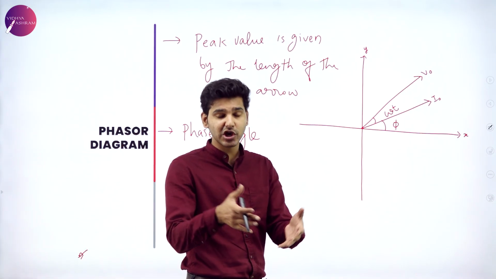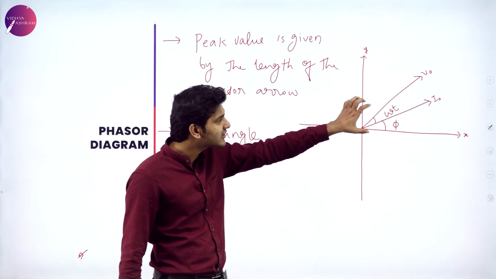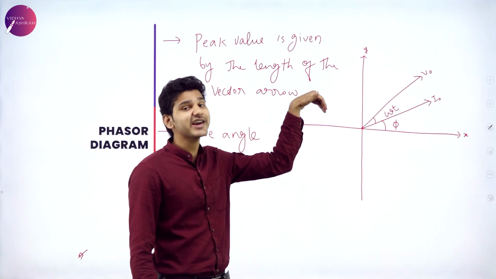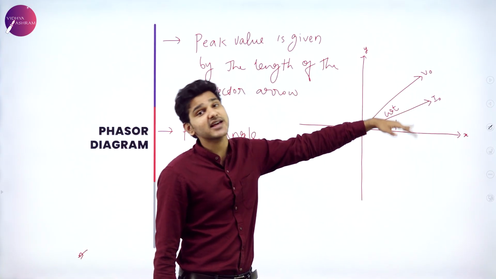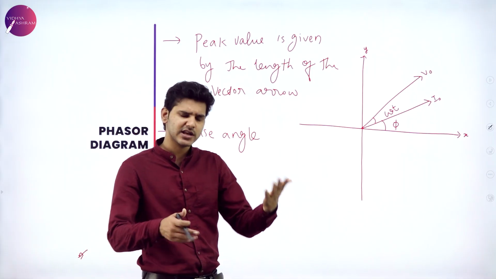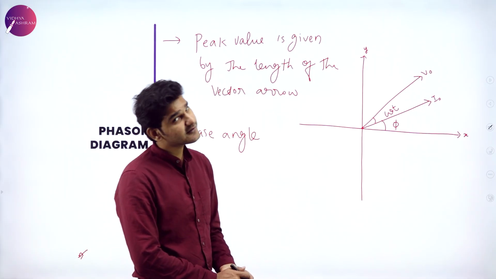Now the third thing you have to primarily remember is that if I take the projection of this particular arrow onto the y-axis, you know that this vector can be resolved into x components and y components. It is also known as taking the projections of that arrow. You have learned it in your first PUC.